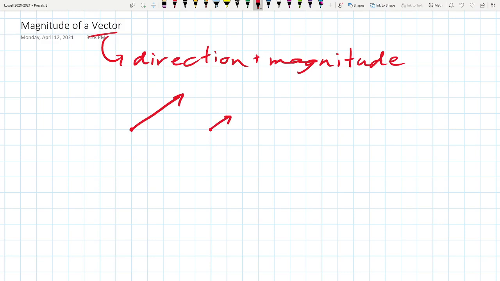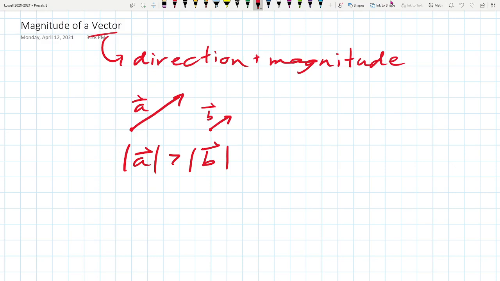Call this one vector A, and call this one vector B. The magnitude of vector A, written like the absolute value of A, is greater than the magnitude of B. So when we draw vectors as arrows, the direction it's pointing tells you the direction, and the magnitude of the vector is generally its length. I say generally because we're going to see at the end of this video how quote-unquote length loses its meaning.